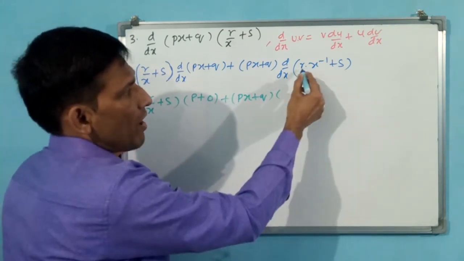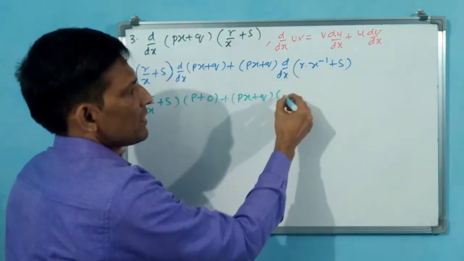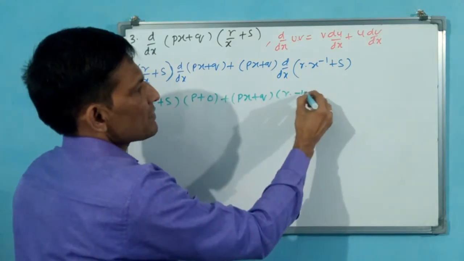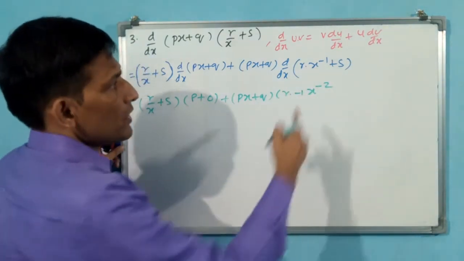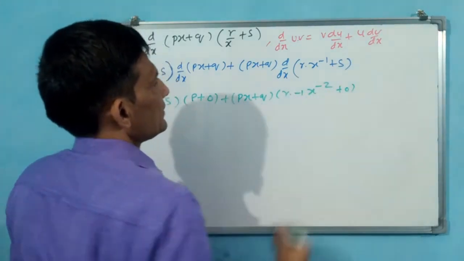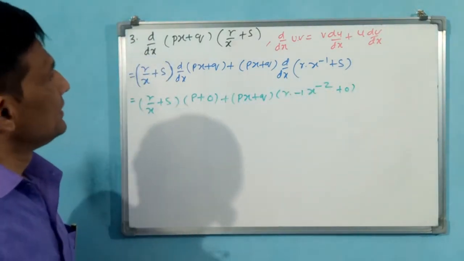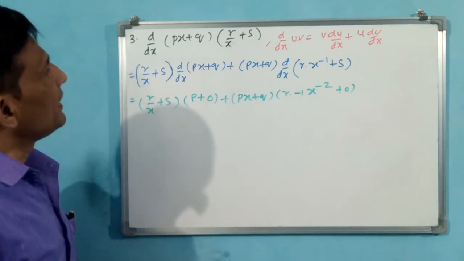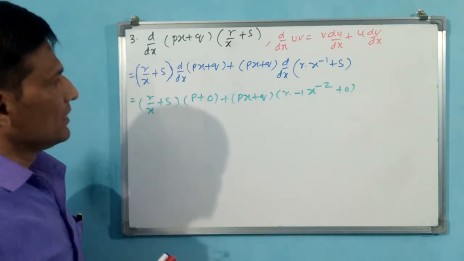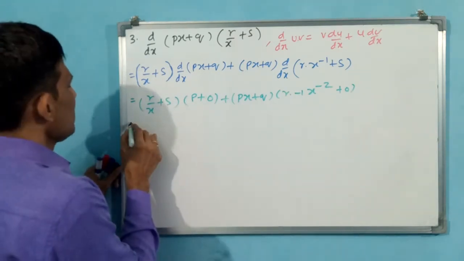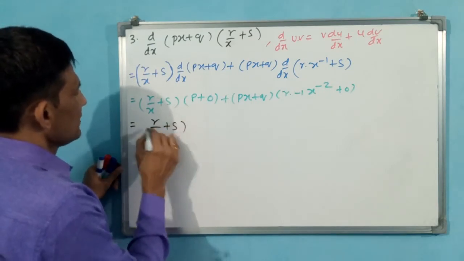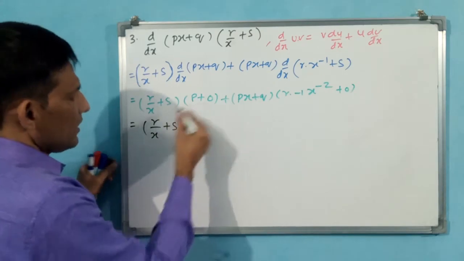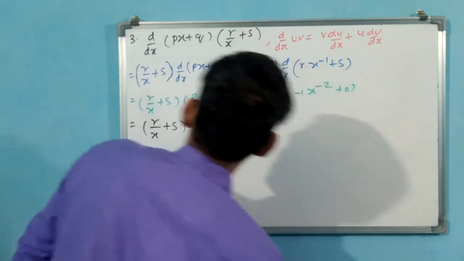Now here you see, r into x power minus 1, d by dx: r into minus 1 into x power minus 2, plus 0. Okay, like this it will happen. Okay, let us do now. r by x plus s into, now I think this p plus 0 means p only.